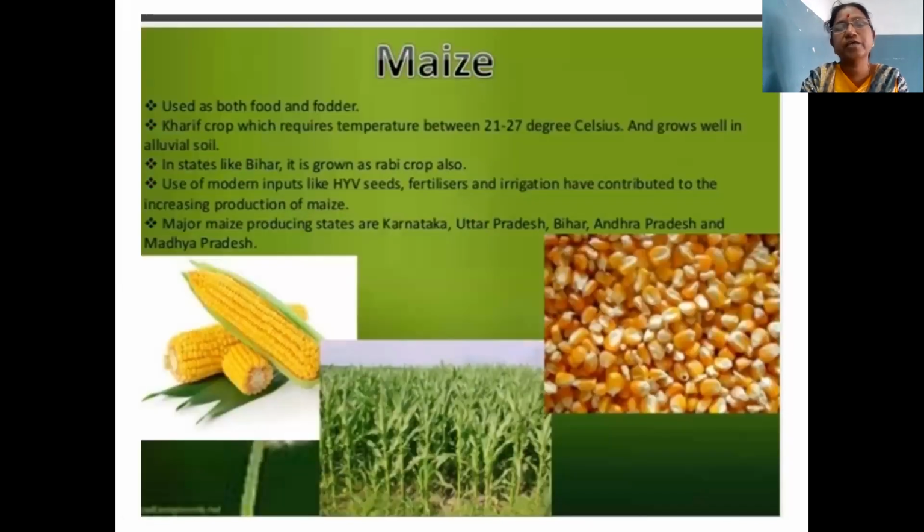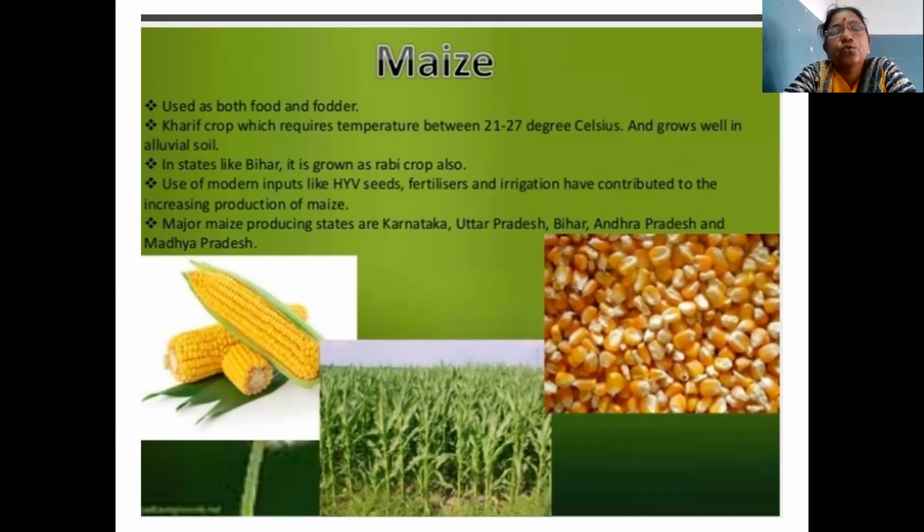Coming to maize. Maize is also used for both food and fodder. Fodder is the food for animals. Those animals which are supplemented with all these grains, groundnuts, horse grams and all, they will be having good immunity and they give good dairy products. So it is used both as food and fodder. Kharif crop, which requires temperature between 21 to 27 degrees Celsius, and it grows well in the alluvial soil.